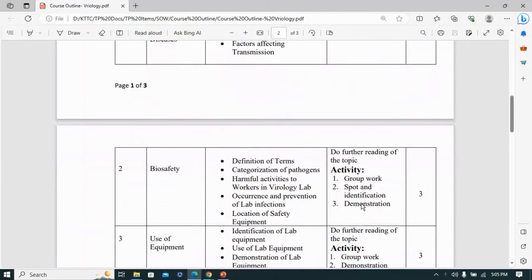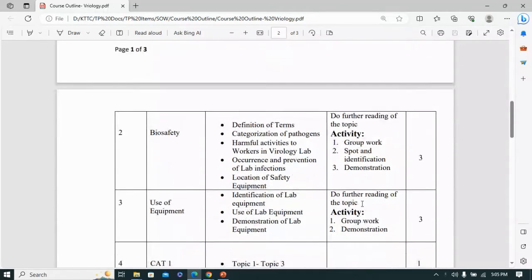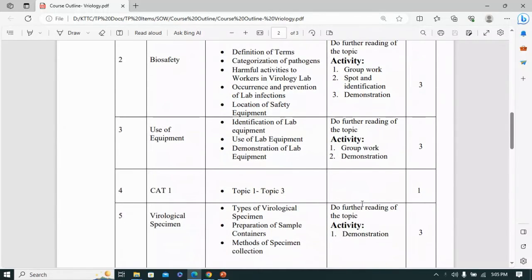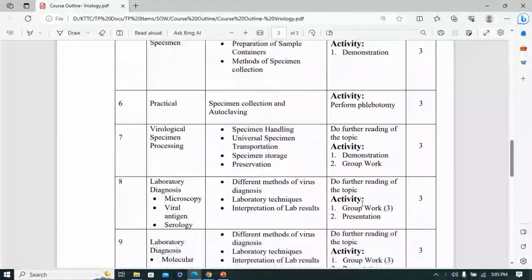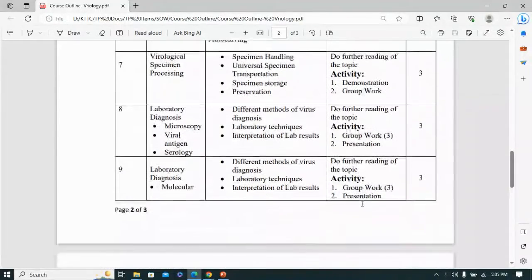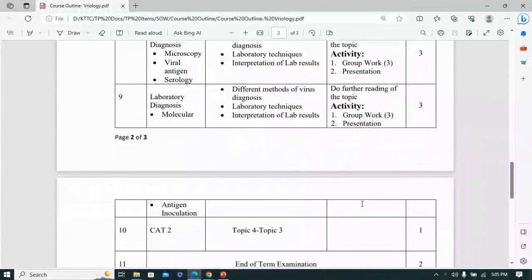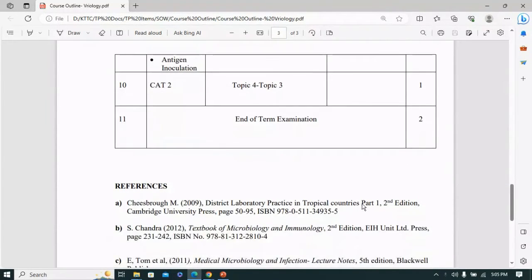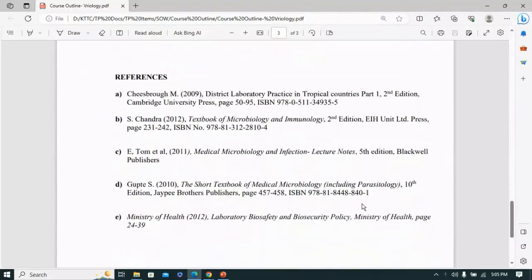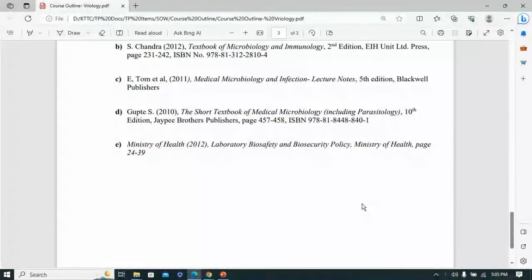So it's good you also outline that part. For example, do further reading of the topics. It could be work in groups, it could be practicals, and of course, issues of timelines. So it's good to also include time, and this is what you get from your timetables.